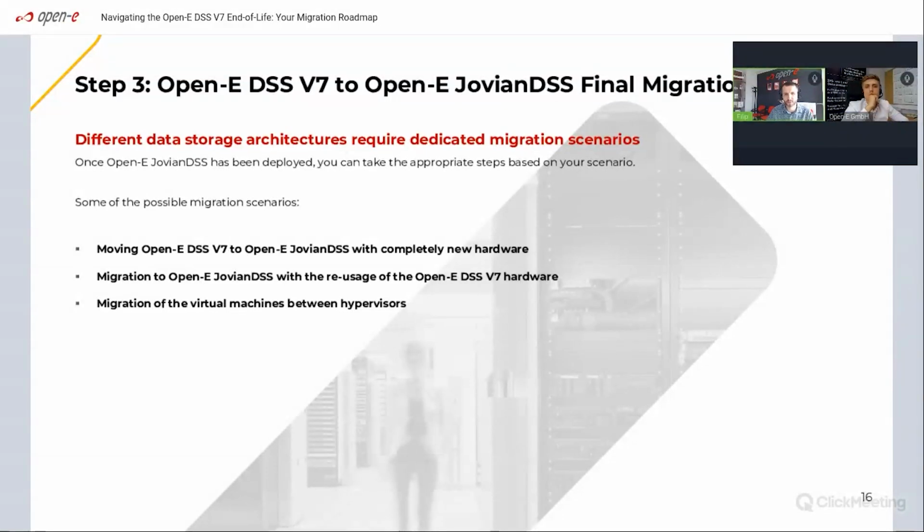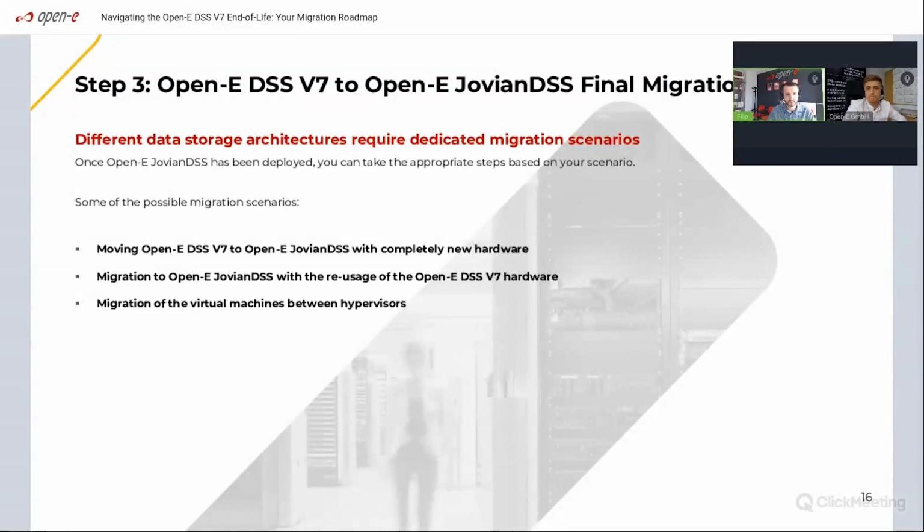Afterwards, access your Open-E DSS V7 system, where you need to create a new share and enable the data file replication agent. This is followed by creating a new snapshot, which is in turn assigned to the appropriate NAS logical volume.